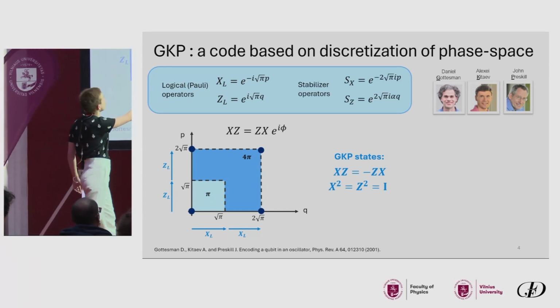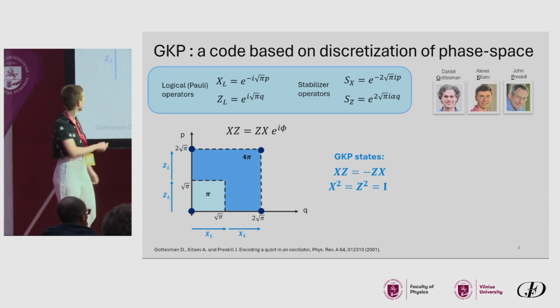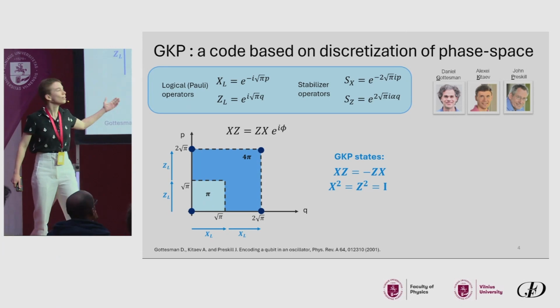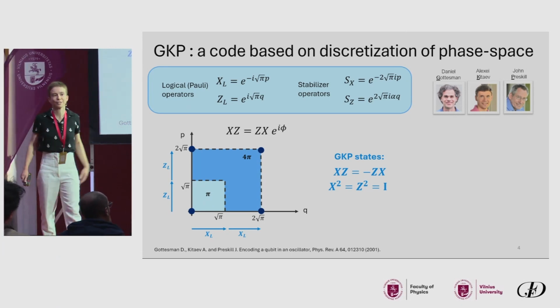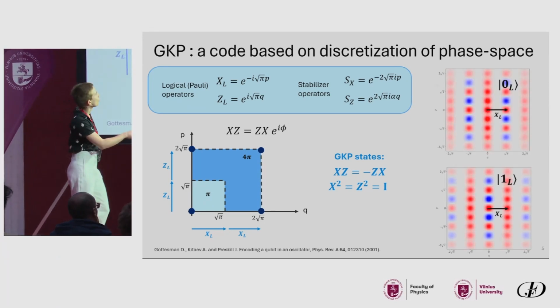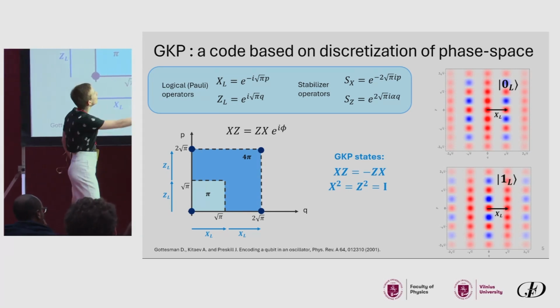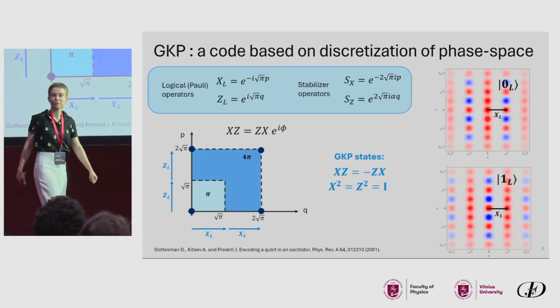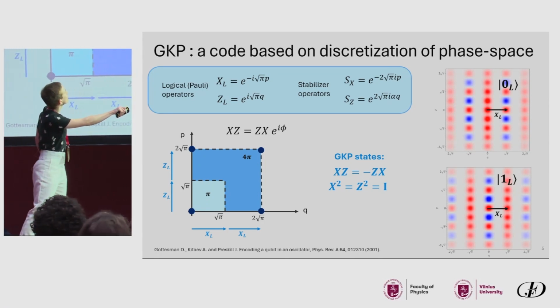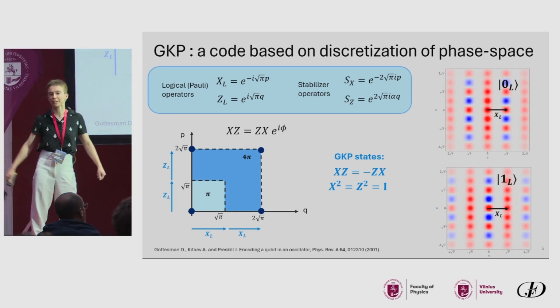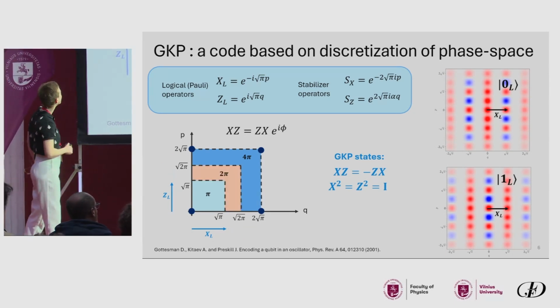So this gives us some stabilizer operator if we take this displacement of 2 root pi and gives this state some quantum error correction capabilities. So now I just want to flash some Wigner functions of how those states look like. So in here you have GKP state 0, and if we translate it along position by half a periodicity, we find GKP state 1. Good.